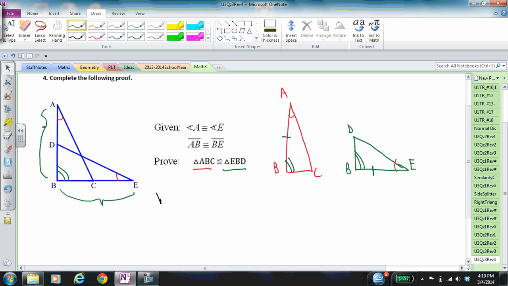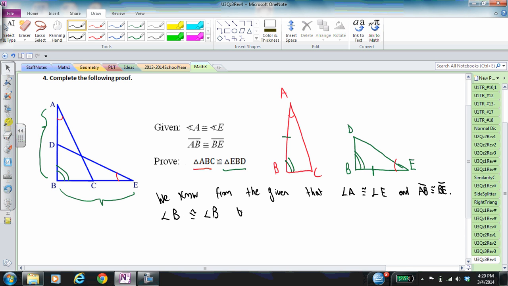So we know from the given that angle A is congruent to angle E and AB is congruent to BE. So then we said angle B is congruent to itself, angle B, by the reflexive property.